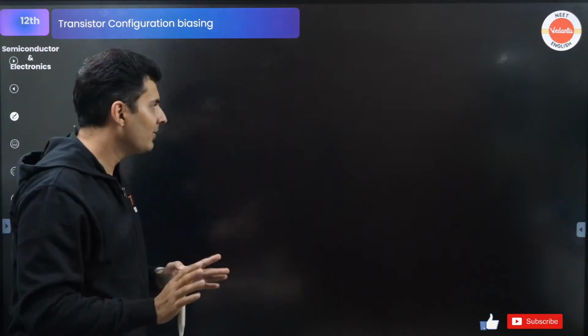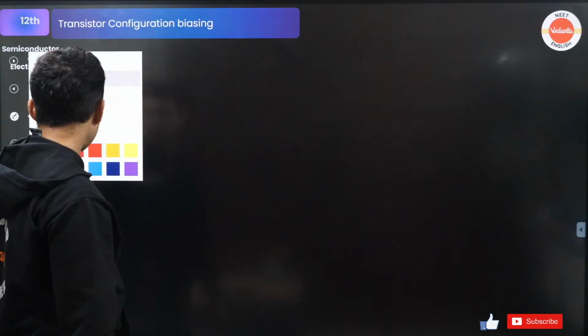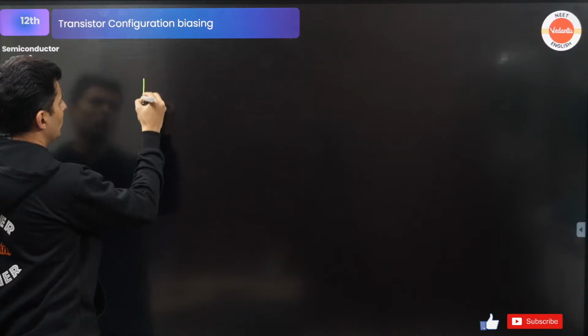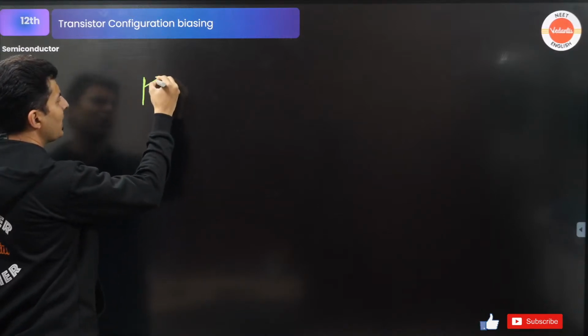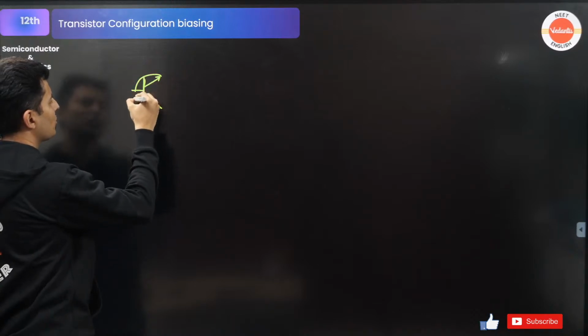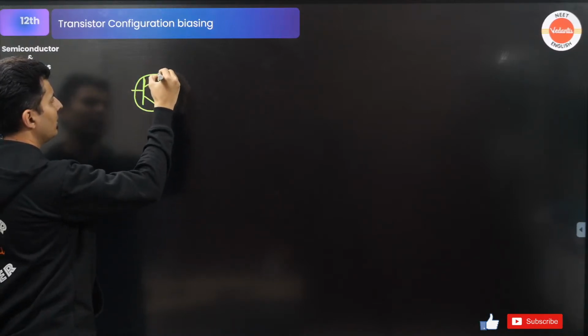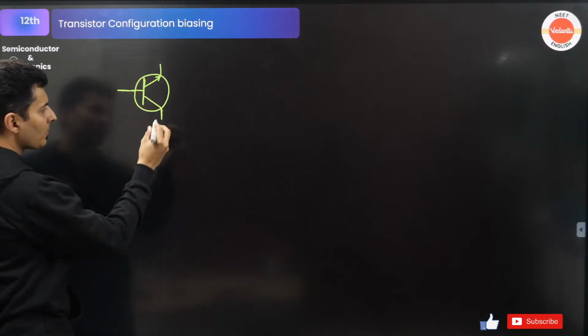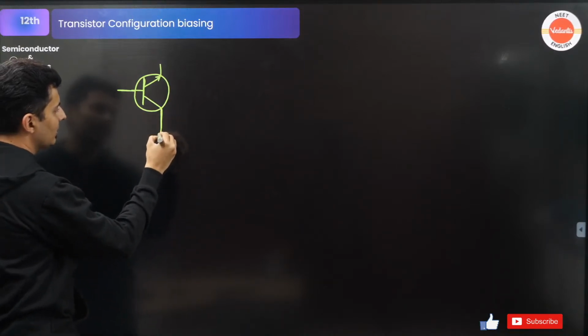Got it, everyone? So look at this first type. Let me just show a transistor. It could be N-type, it could be P-type, really doesn't matter, guys. I'm just showing some random transistor. Now I take this part.